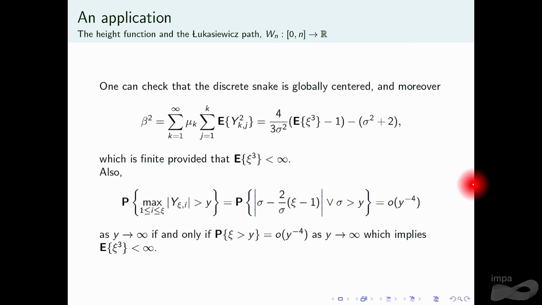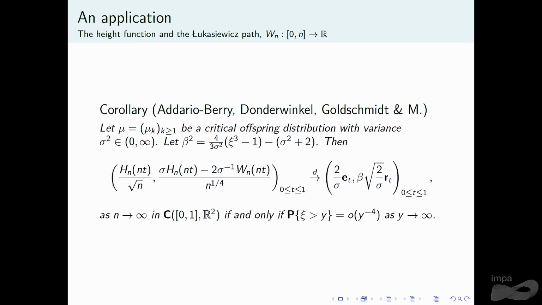And so this tail behavior assumption that we wanted is satisfied if and only if we have this tail behavior assumption on the offspring distribution, which moreover implies the necessity of it, or that we'll have a third moment. Okay? So as a corollary of our results, we obtain convergence for the difference between the height function and the Łukasiewicz path, so long as you have this tail behavior on your offspring distribution.